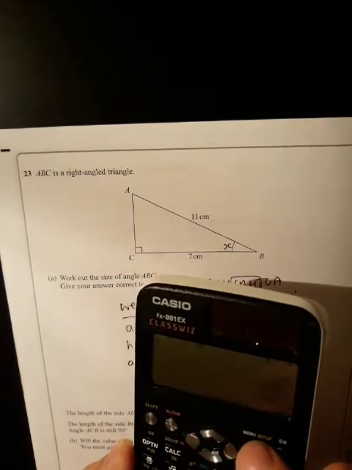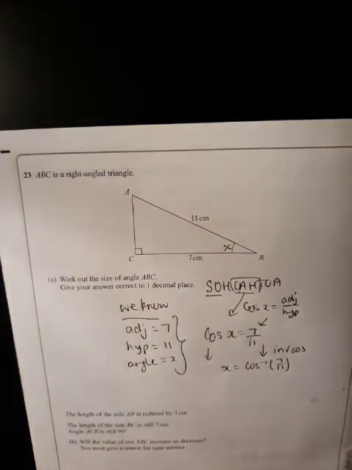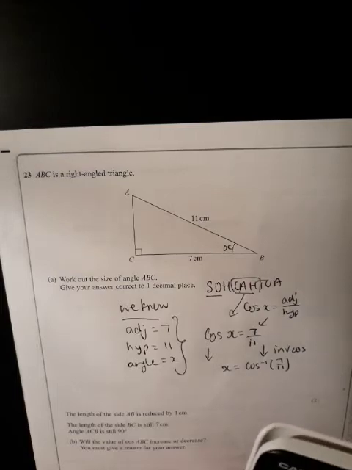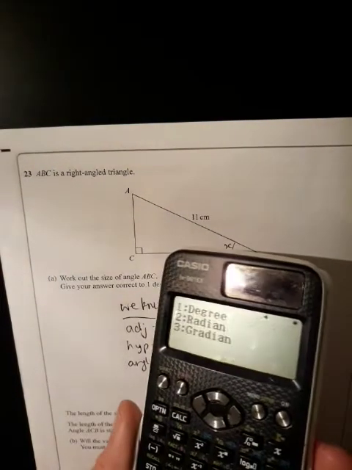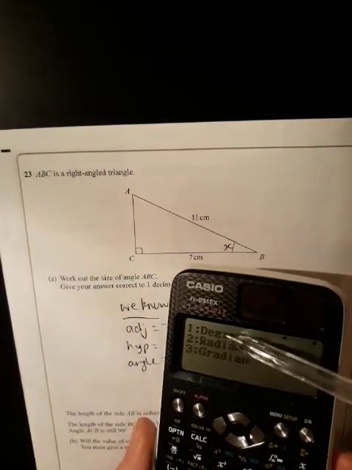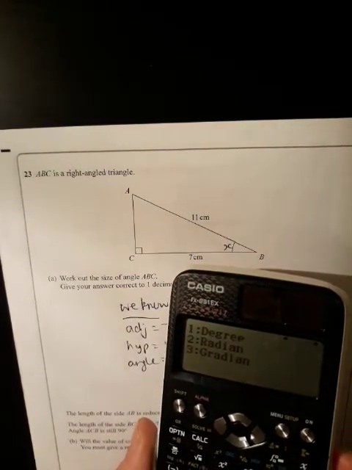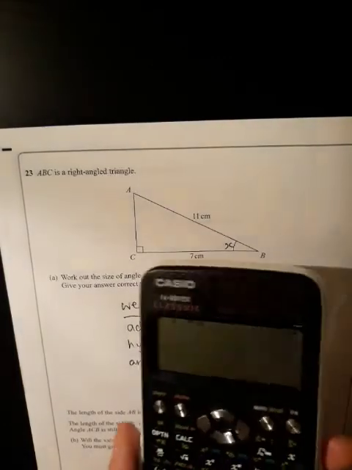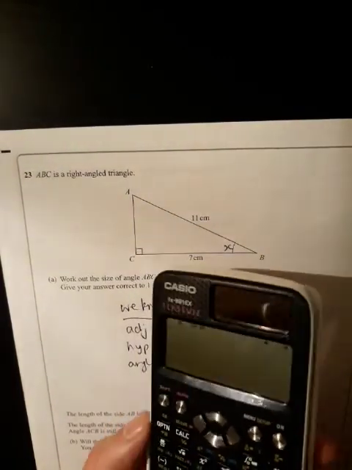Mode. So it's a different calculator to yours, so hopefully yours will be in the right mode. I can see here I've got 3 options. You'll have a D, an R and a G. You should always be in D. I'm going to press 1 now to change mine to that, but your calculator will already be in that. So let's do it again.